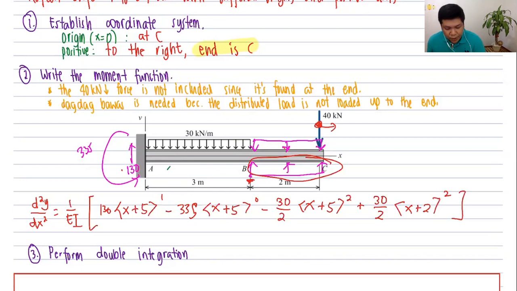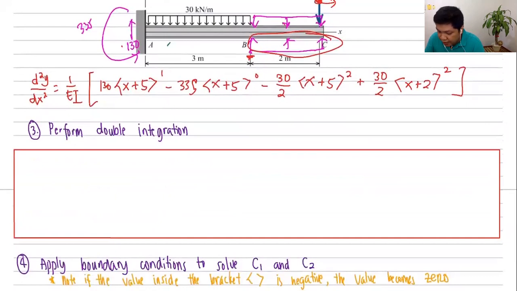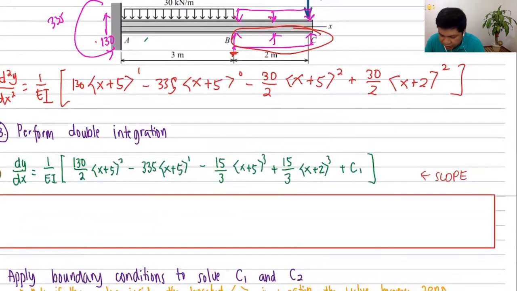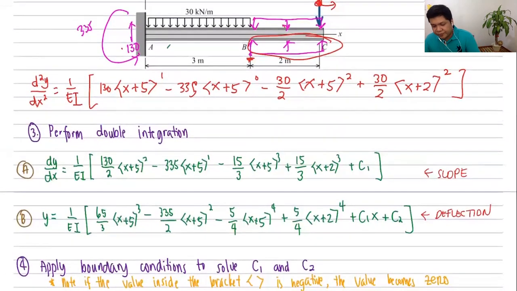Then, I now perform double integration. Double integration, that's the slope. Then, double integration again. This is now the deflection.